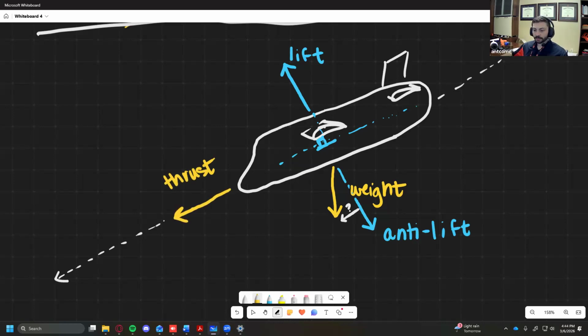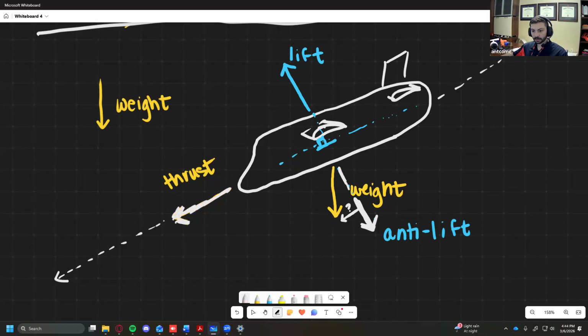So going back to what I first started with, which was the vector addition. Let me change the color of this to white. So I have three different colors. We will have weight, which was in yellow. We will have our thrust, which is unfortunately also in yellow, so let me make this white.